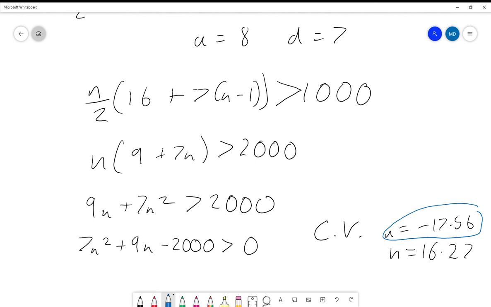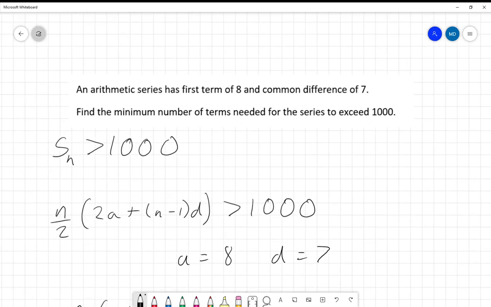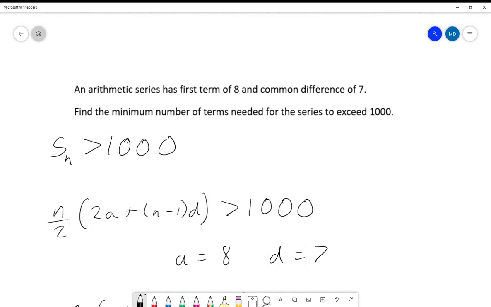It's not going to be on our series because our series starts at 1 and goes up. So what we need is for our n to be bigger than 16.27, and therefore the answer to the question, find the minimum number of terms needed for the series to exceed 1000, it's 17 terms.